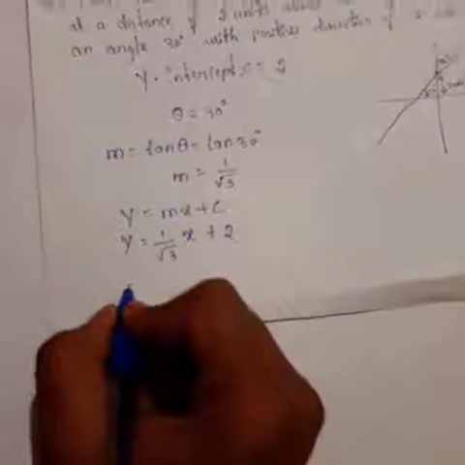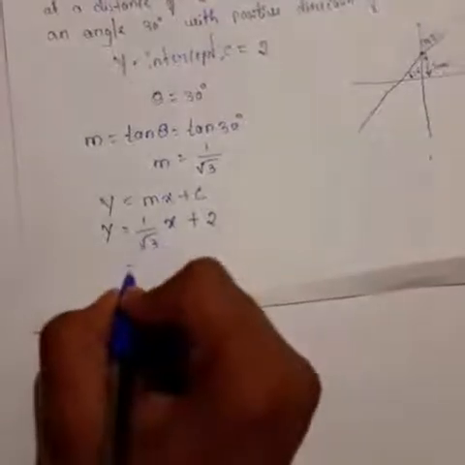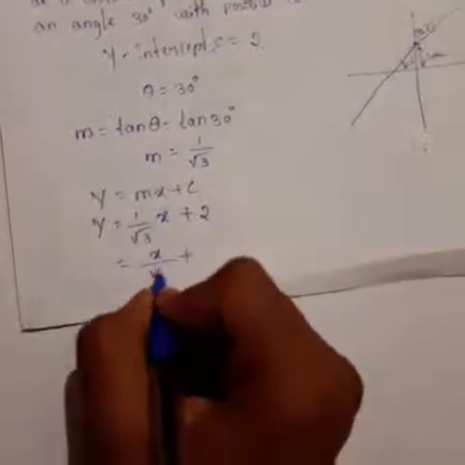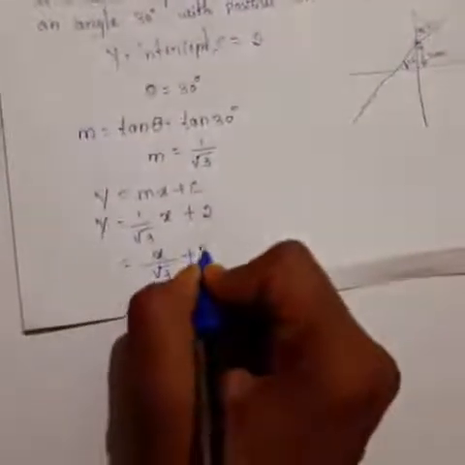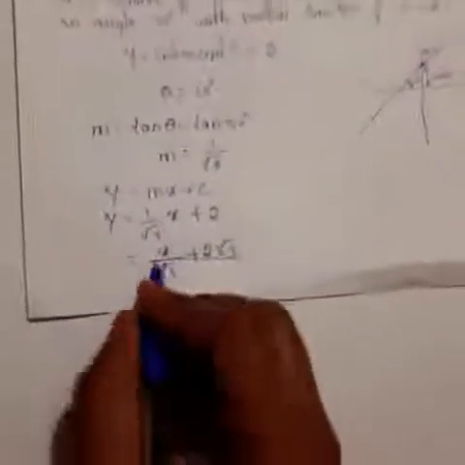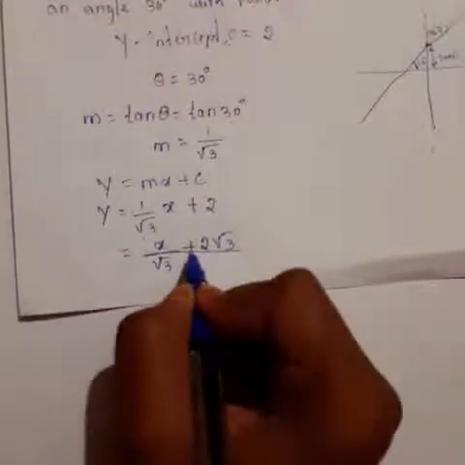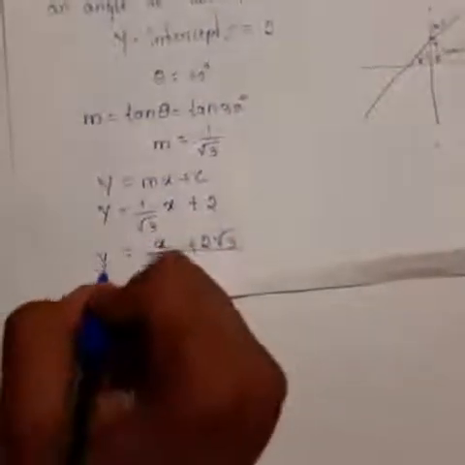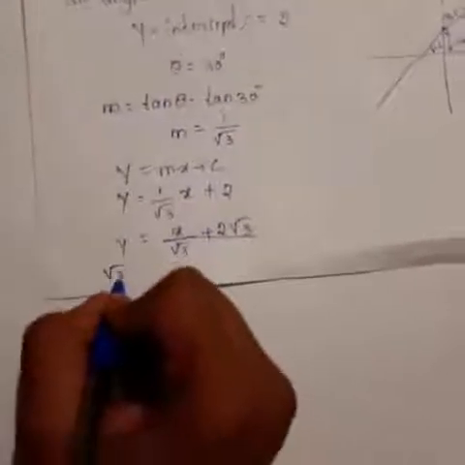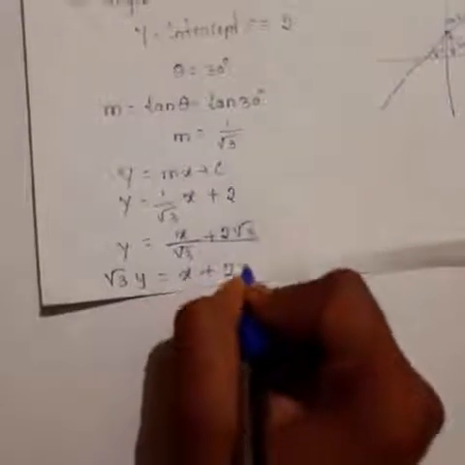Then rearranging this one, just cross multiplication, you will get x by root 3 plus 2, which is 2 root 3 plus x, whole divided by root 3 y. Your final answer is again cross multiplication: root 3 into y is root 3y is equal to x plus 2 root 3.